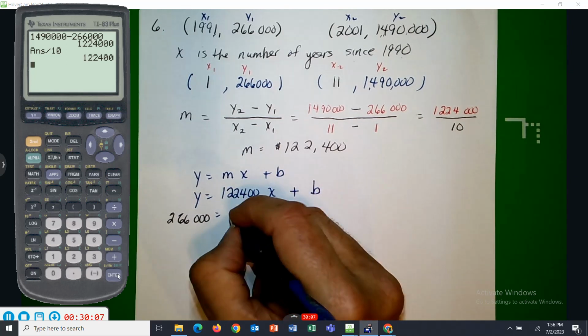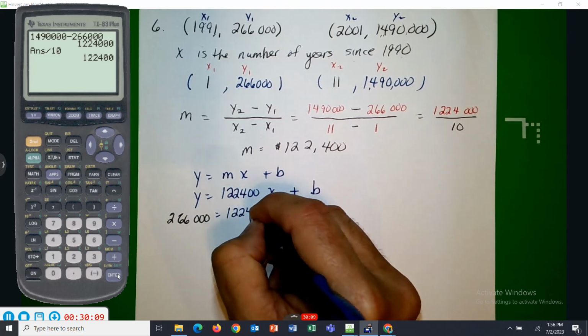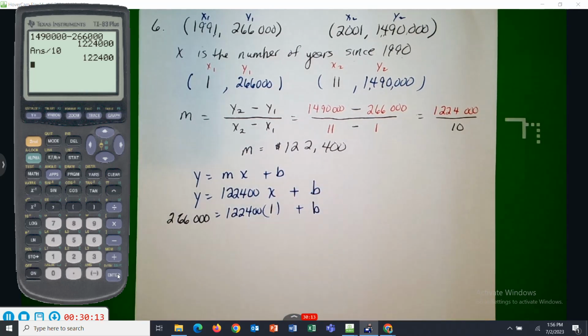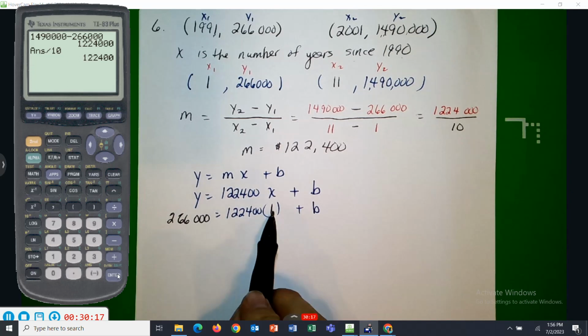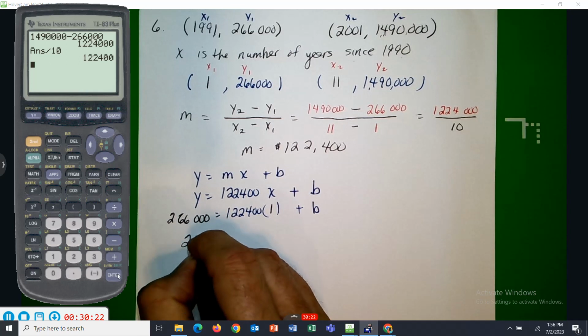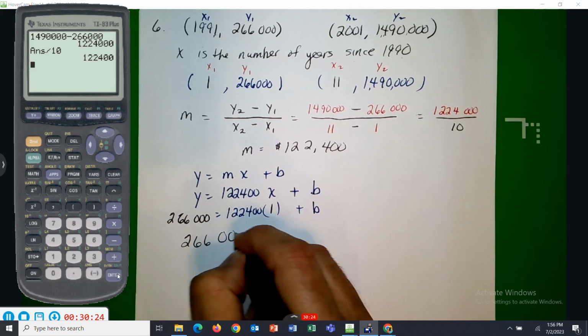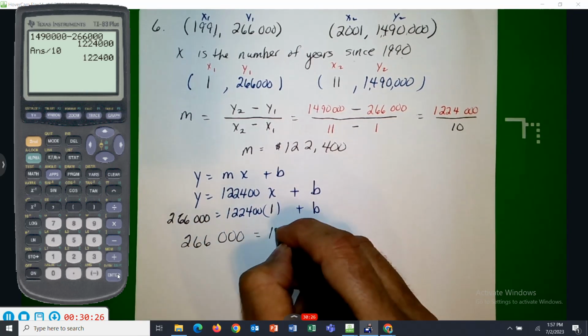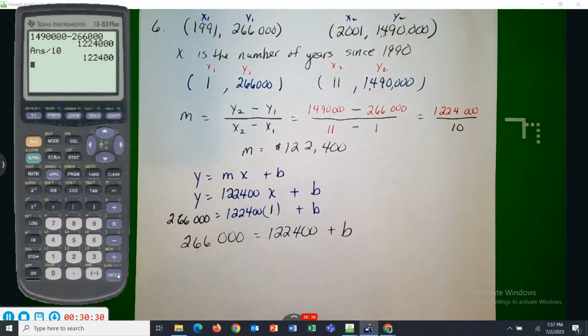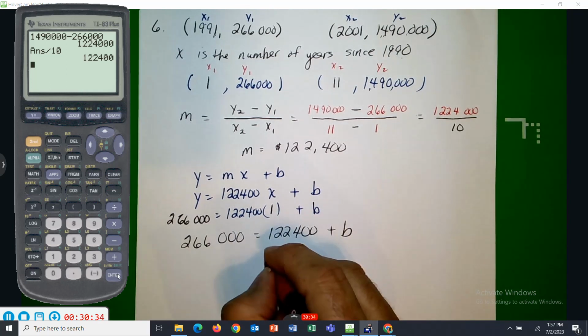Now, if we plug 1 in for x, that's going to work out pretty nicely. 122,400 times 1 is just going to give us 122,400. Now to solve for b, just subtract.